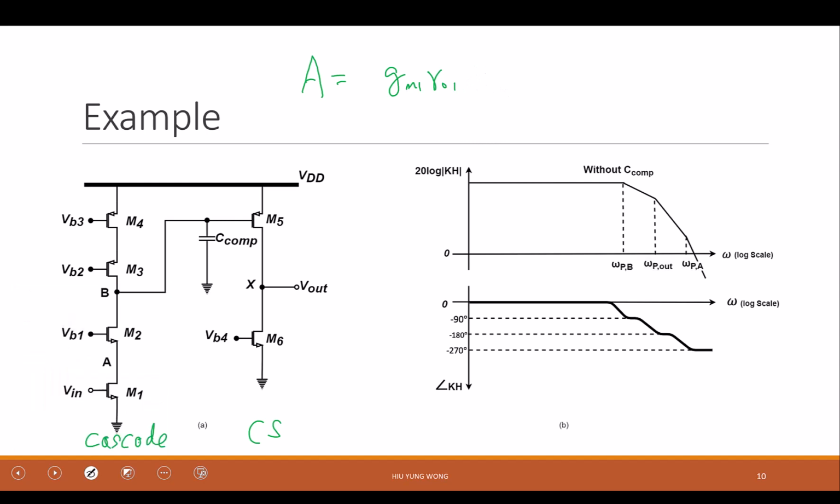You can give approximation. Negative gm r o squared. This is the approximation I'm looking for, right? gm r o squared. That's why we did cascode. Then what is the gain of the next stage? Negative gm5.